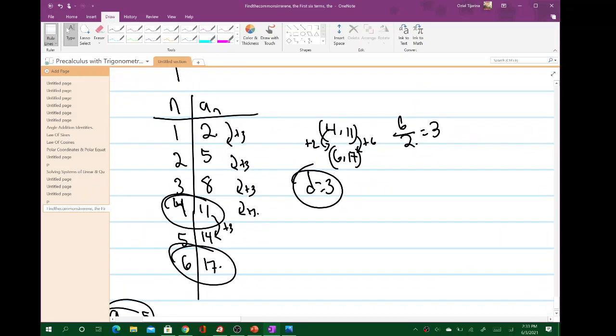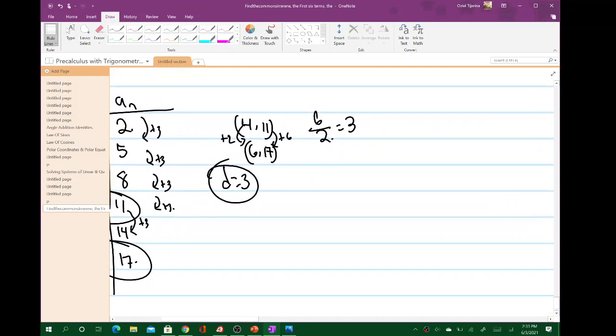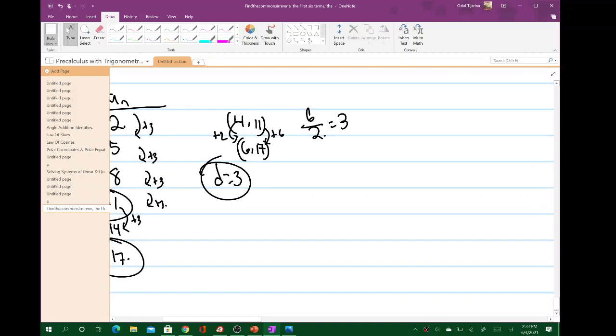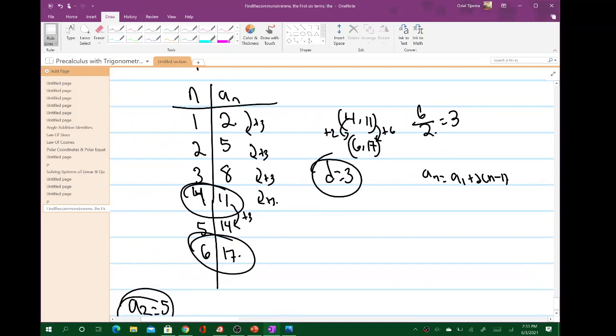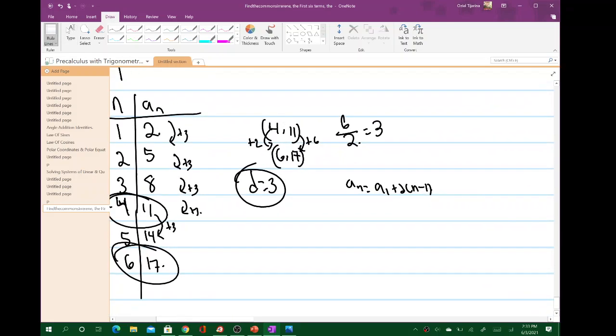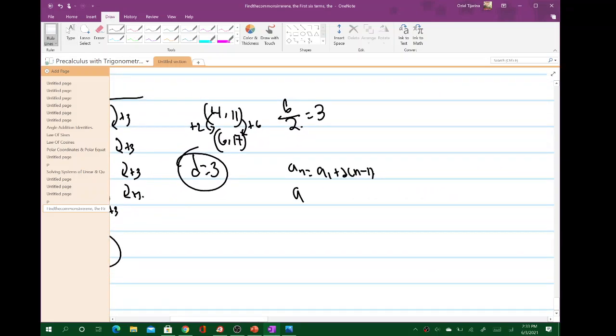Now, let's say you don't want to do it that way. Let's say you just want to find D, and then you say, okay, well, a sub n equals a sub 1 plus d times n minus 1. So you want to find the second term, right? So you're going to say a sub 2 equals a sub 1 plus 3 times 2 minus 1.